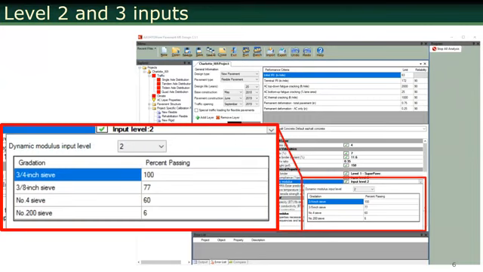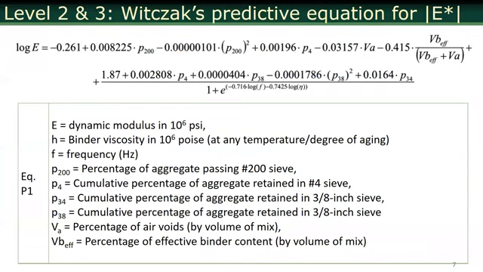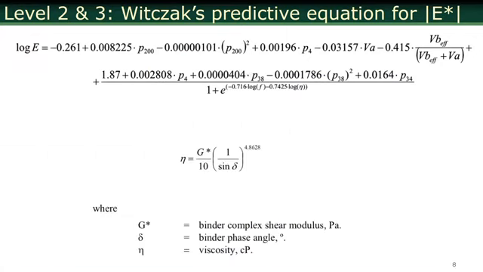So once we enter these, the software will calculate an E-star for you based on this equation. This is called the Witczak equation. It's a bit lengthy, with a whole bunch of gradation parameters and the viscosity, A-VTS relationship. This viscosity comes from G-star. Just like we've done in the Excel sheet, viscosity is calculated for different temperatures in here. This is level 2. Again, that's the equation that we used in our Excel sheet.